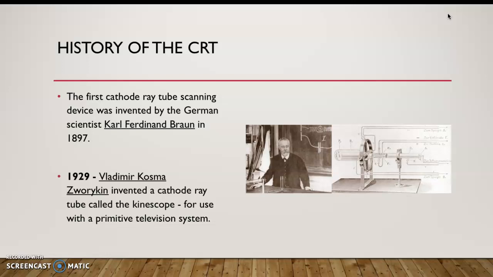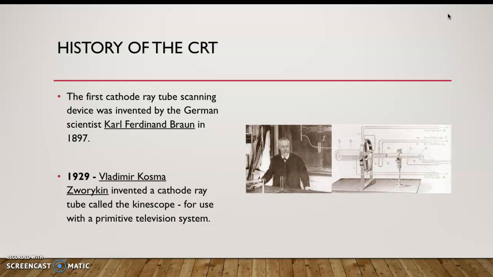And then later on in 1929, Vladimir Kozma Zworykin invented the cathode ray tube called the kinescope, which was first used in television, in the primitive television systems that we all saw, but now we see a different one with the flat screen. But we all saw it for decades as far as the production and development of TVs.